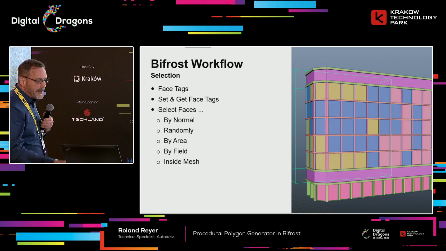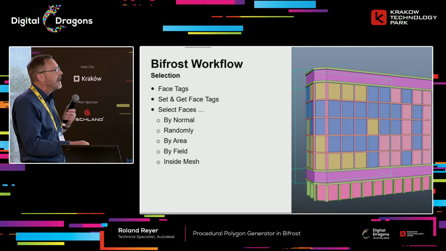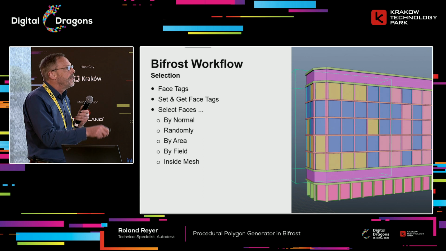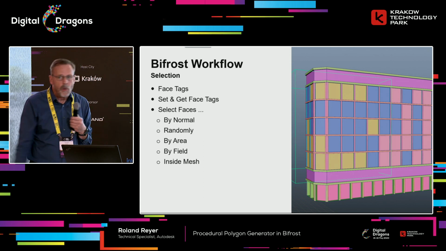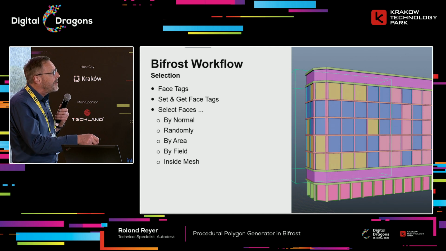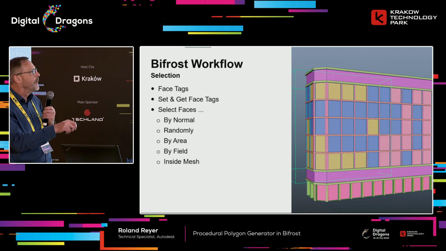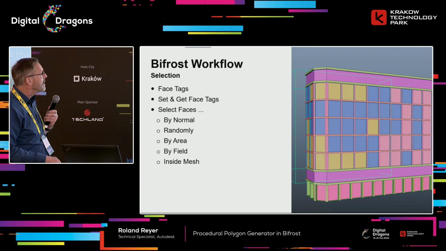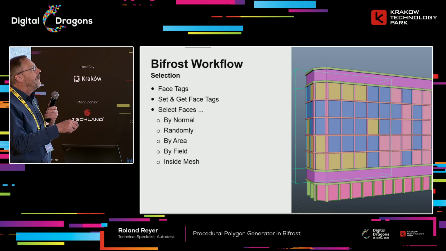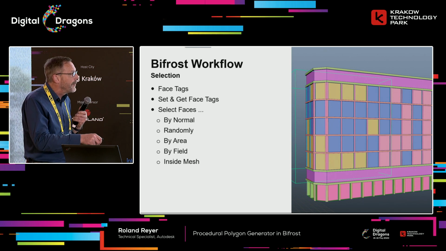And then you can set these tags and you can get the tags. So for example, give me all the faces that are labeled window here. And then select a random number of these windows and give them a different name, like these different colors here. Like 50% of all of these windows have been selected randomly. And then from these random windows, select all the ones that are in this wireframe box here.